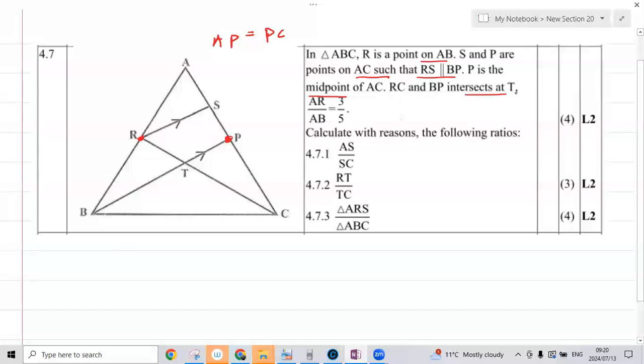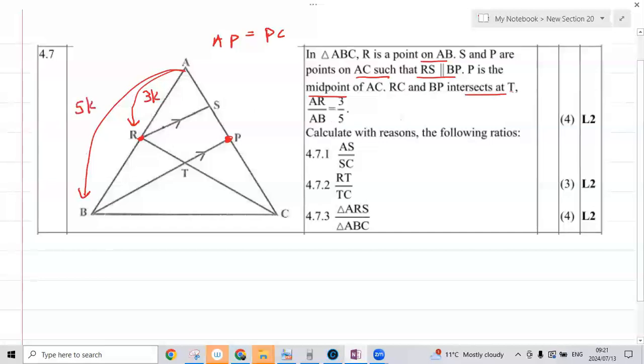RC and BP intersect at T. AR over AB is equal to 3 over 5. So if we write AR over AB, we can call this AR 3K, and we can call AB 5K.